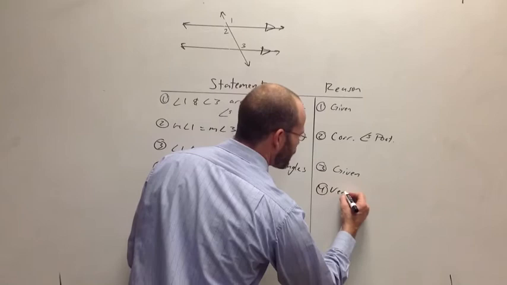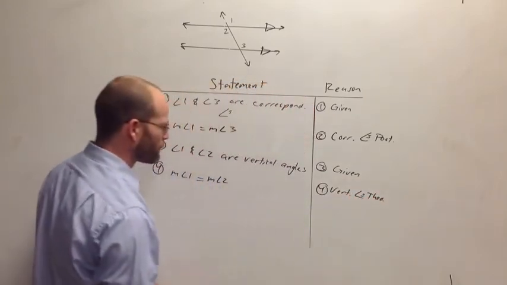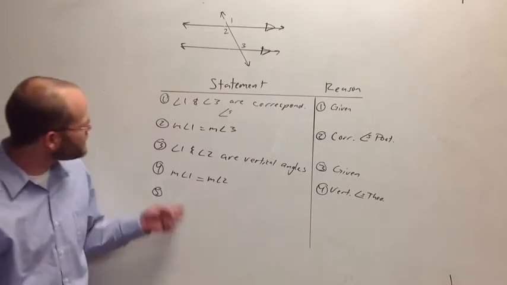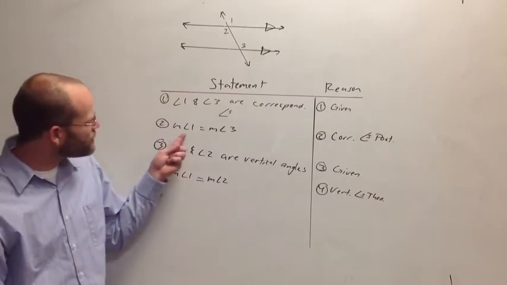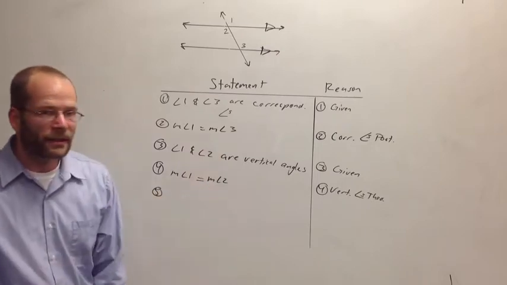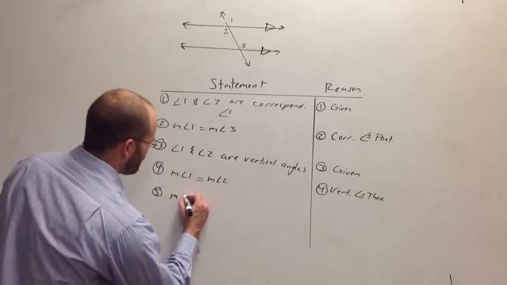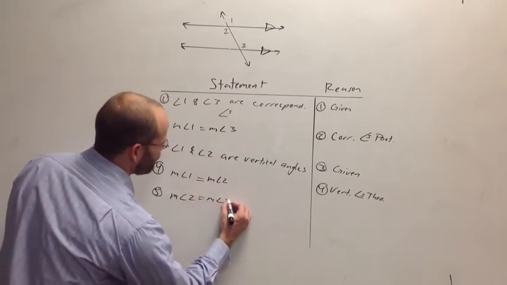That's by the vertical angles theorem. The final step is to look at this and say if the measure of angle 1 equals the measure of angle 3, and the measure of angle 1 equals the measure of angle 2, then by the transitive property, or by substitution, the measure of angle 2 must equal the measure of angle 3.